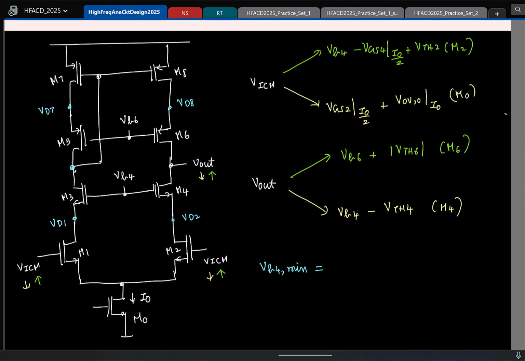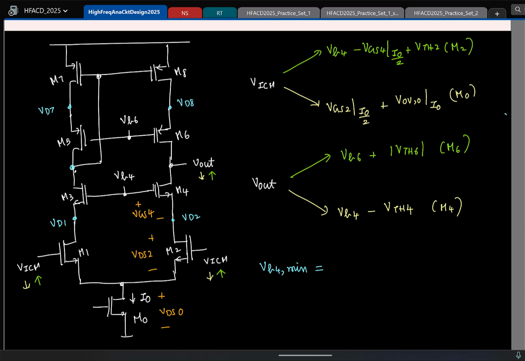So now we can try to write it directly. VB4 is essentially this VGS drop plus the VDS drop. So this is VGS4 plus VDS2 and VDS0.